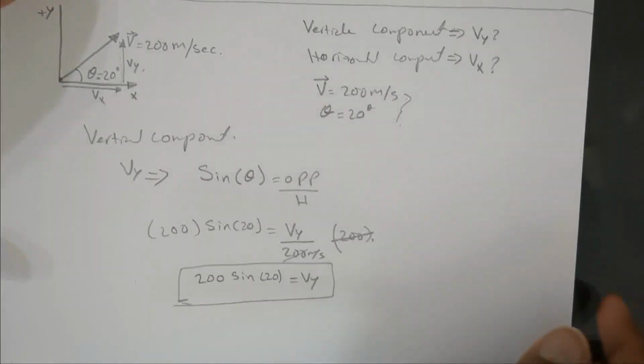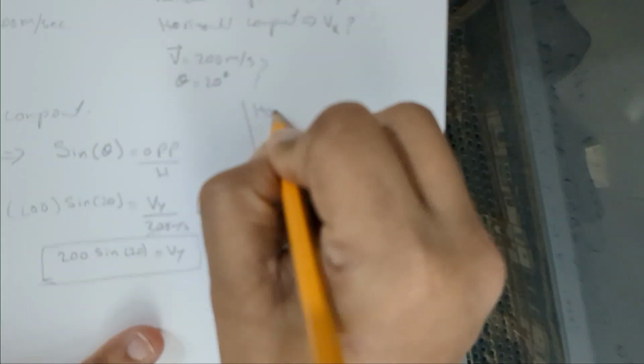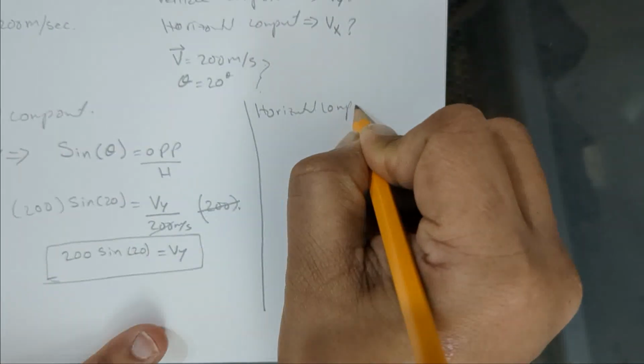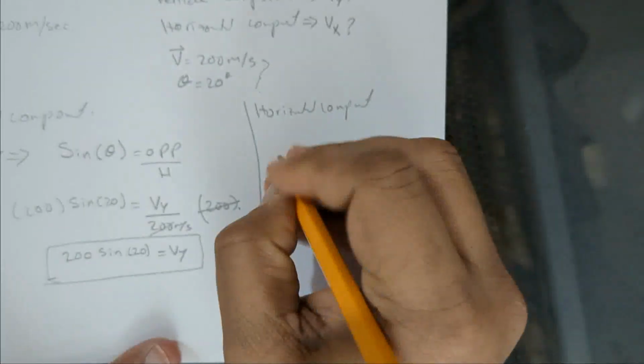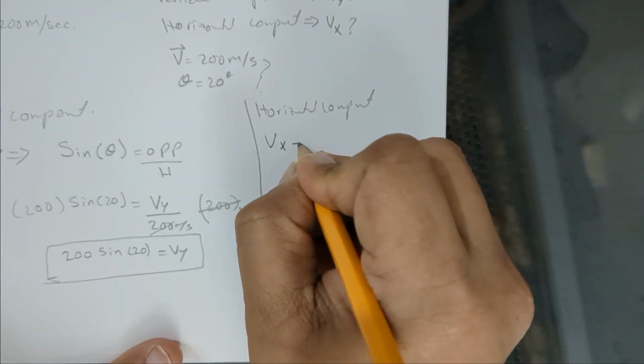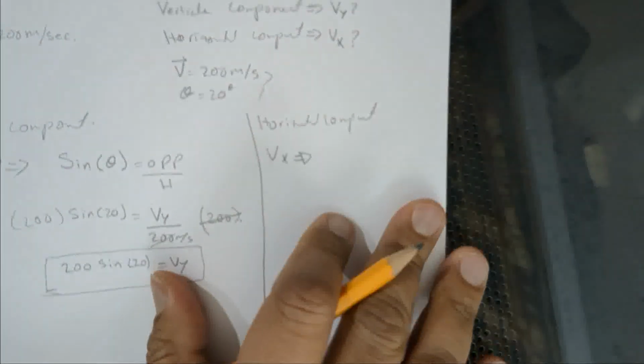So let's write down the second equation. So this is for the horizontal component, basically your ground speed. So we called it Vx. That's equal to, or the equation that we're going to use. So let's go up and see what we can use to solve Vx.